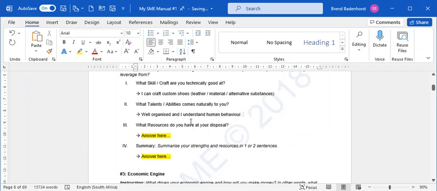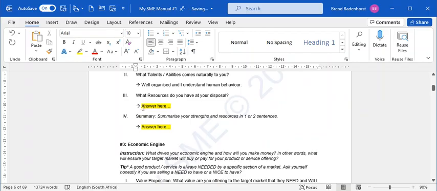I will then look to outsource the sales of my business as well as the operations after I've created systems to create the best custom shoe. I will then outsource that to people to come and make the shoes for me. I will stick to my talents, which is being well organized and understanding human behavior, which is then marketing.